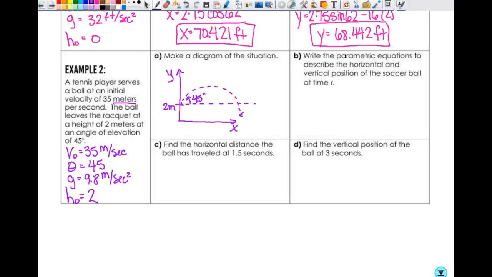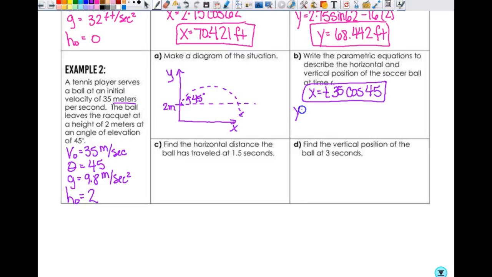All right, so then I'm going to write the parametric equations to describe the horizontal and vertical position of the ball at time t. That means that x is going to be equal to t times 35 times the cosine of 45.